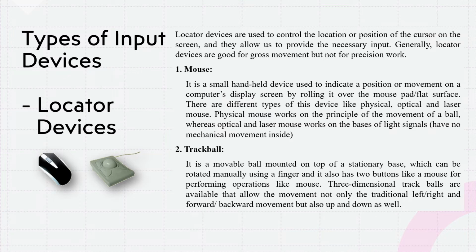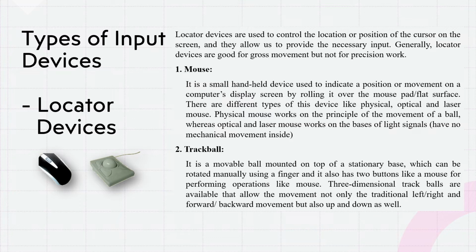There are different types of this device like physical, optical and laser mouse. Physical mouse works on the principle of the movement of a ball, whereas optical and laser mouse work on the basis of light signals, that is, they have no mechanical movement beneath or inside the mouse.